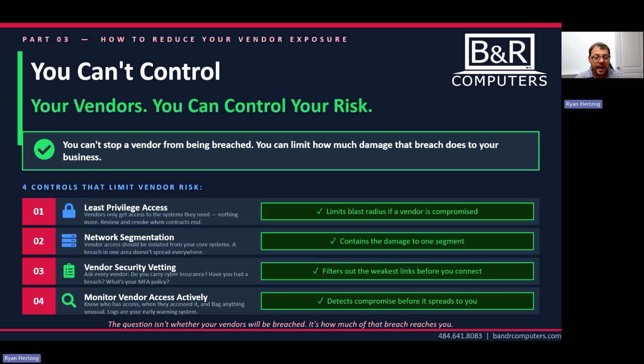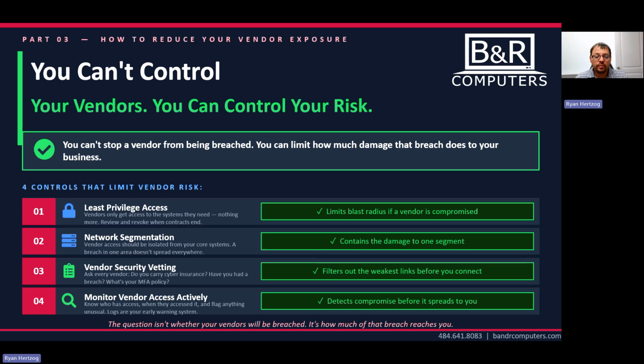And then monitor vendor access actively. So know who has access, when they access it, and flag anything unusual. Logs are your early warning sign. It'll help detect compromises before they spread to you. Monitoring and logging is only as useful as those who are reviewing it.